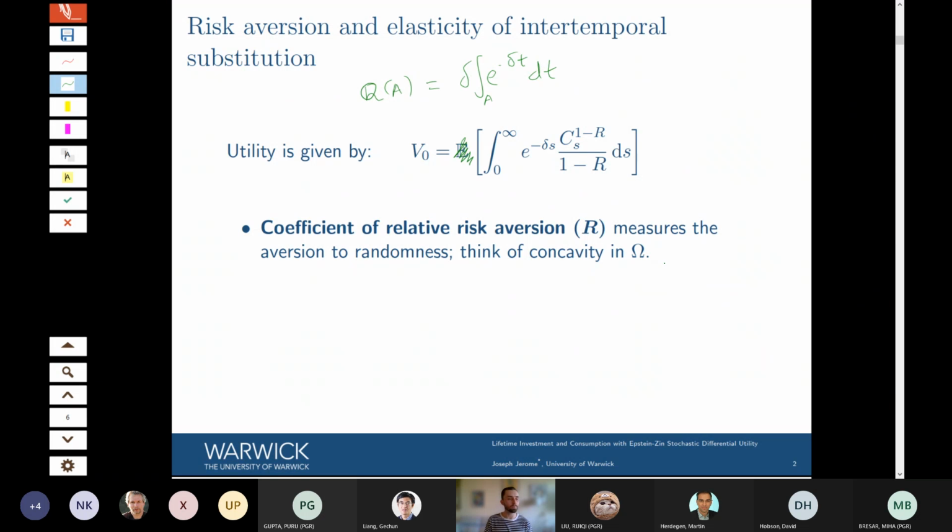Because of the concavity of our utility function, c to the 1 minus r over 1 minus r, using Jensen's inequality, the utility of this deterministic consumption stream is less than or equal to the utility of the expected value of the consumption stream, where this expectation is taken with respect to the measure Q.